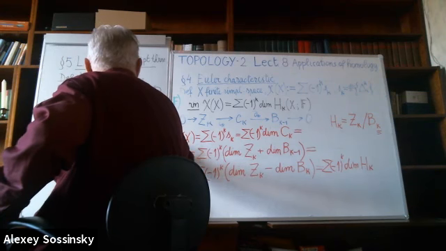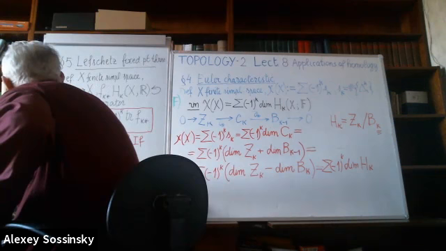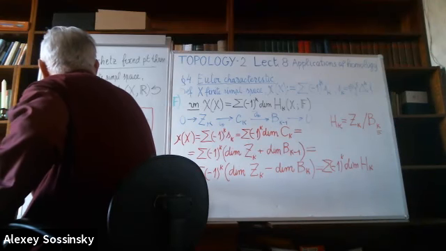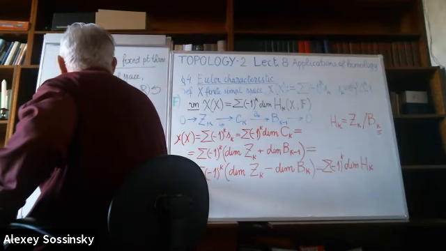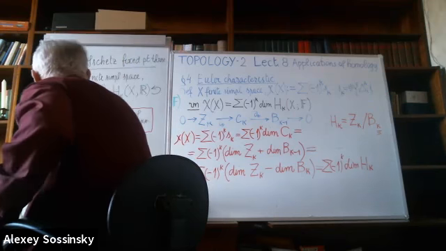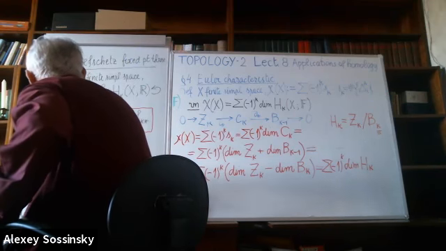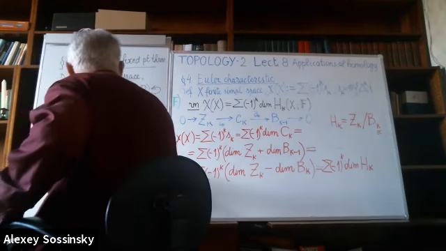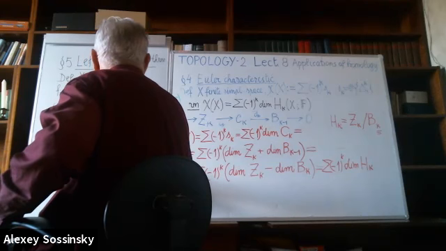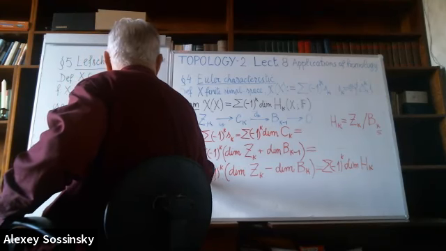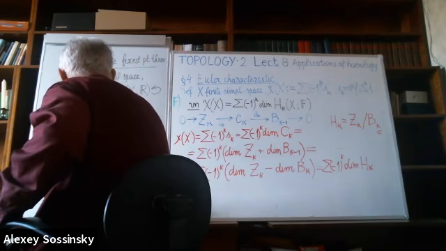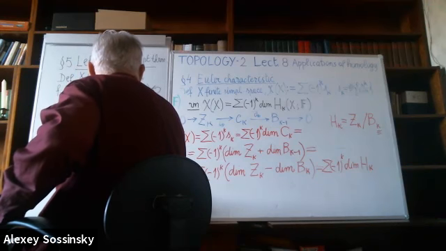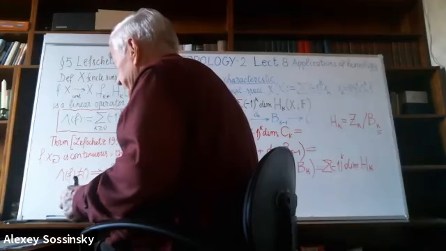It says that if the map F of a topological space to itself is continuous, then the fact that the Lefschetz number is non-zero implies that F has a fixed point, which means it has a point x such that f of x equals x. This is the Lefschetz theorem.